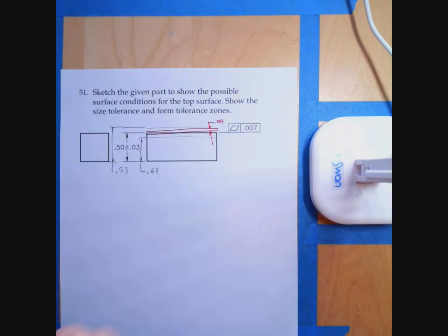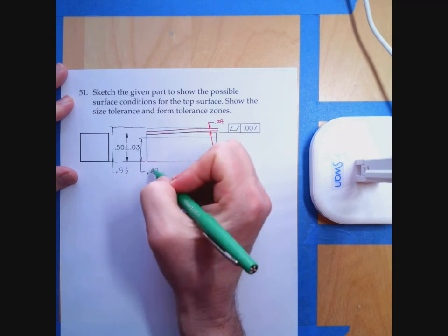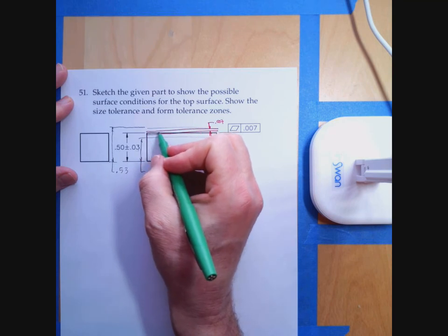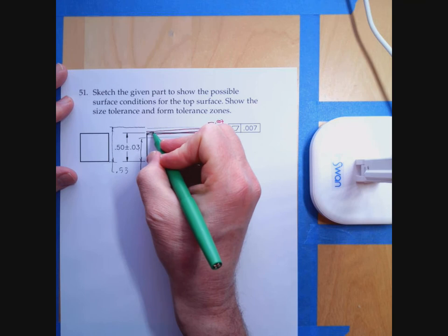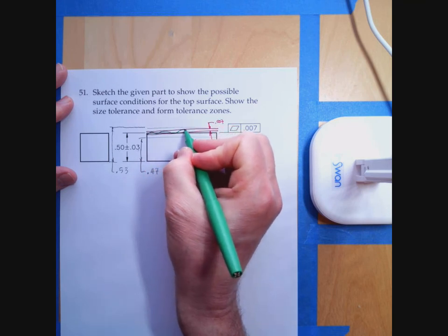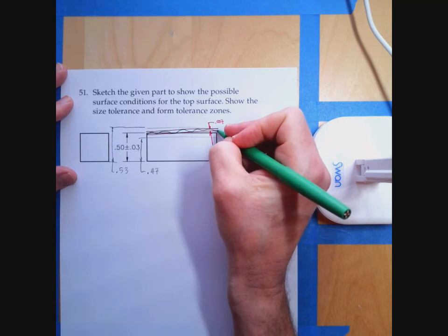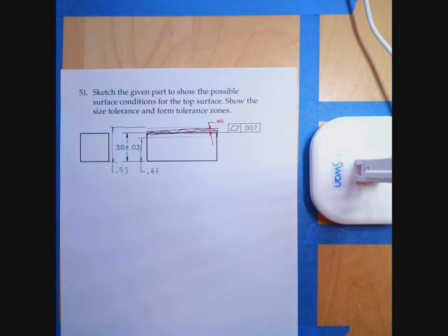The surface, the actual surface, can exist within this 47 to 53 range, but its flatness profile cannot exceed the 7 thou. So that right there would be the answer.